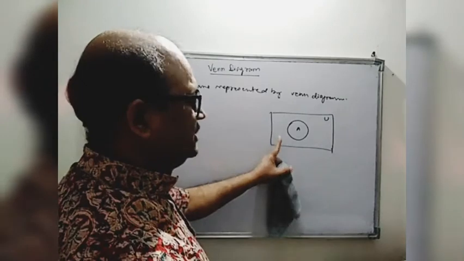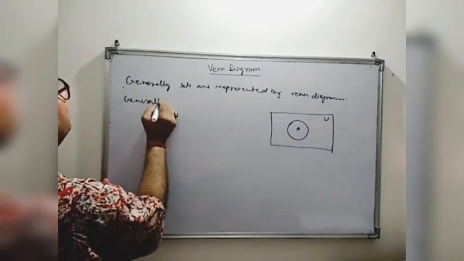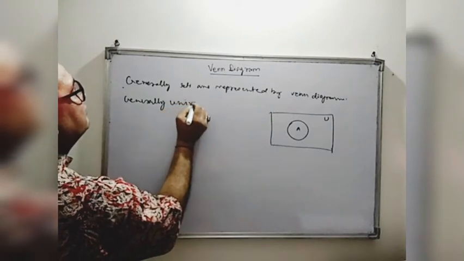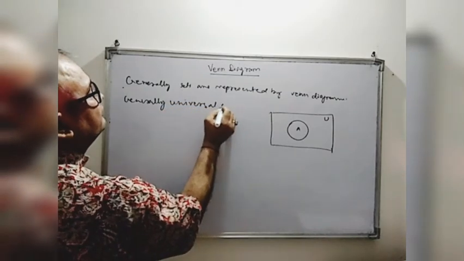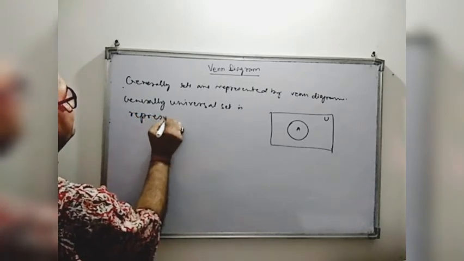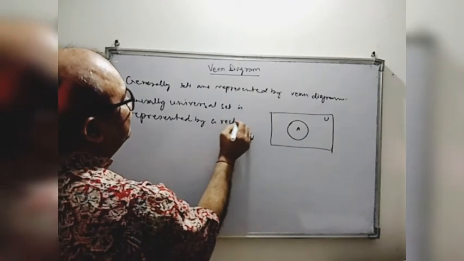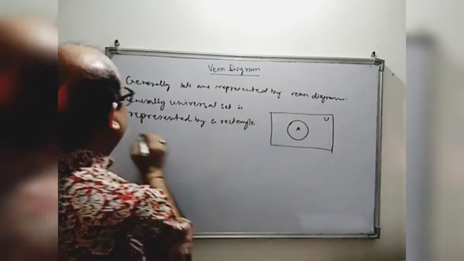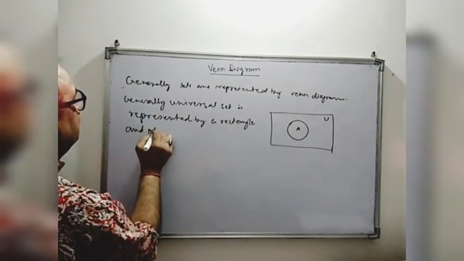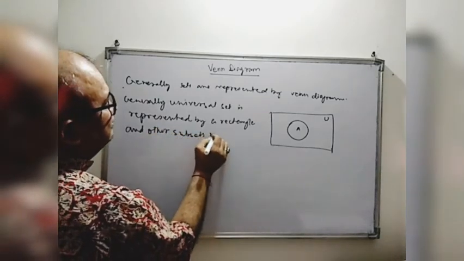Generally, what I told you: universal set is represented by a rectangle, and other subsets by circles.